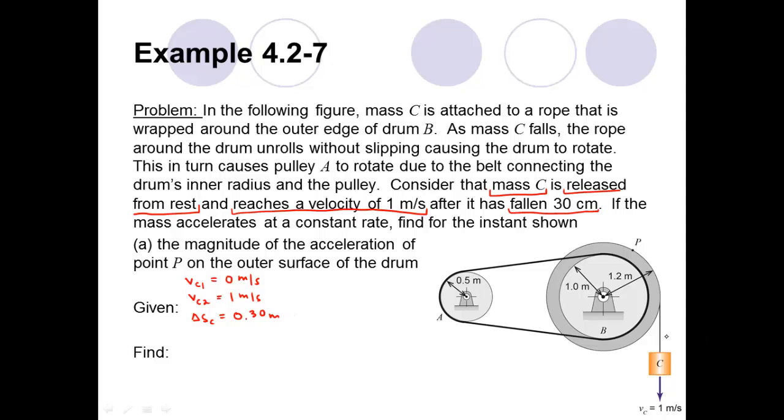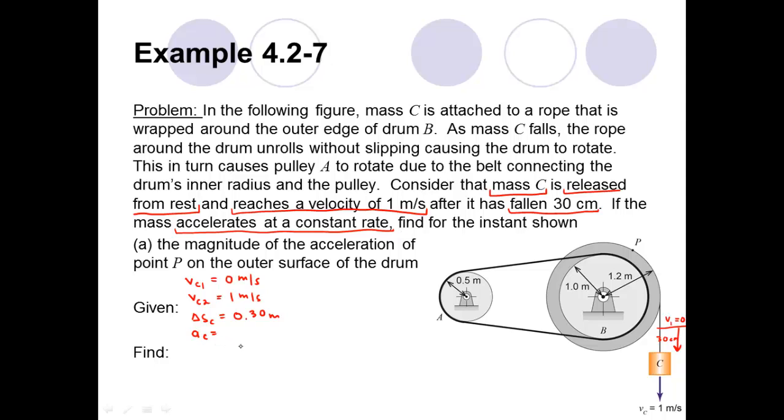So this block is initially at some height, it falls, and as it falls, it accelerates from 0 to 1 meter per second. We're also told that the mass accelerates at a constant rate.